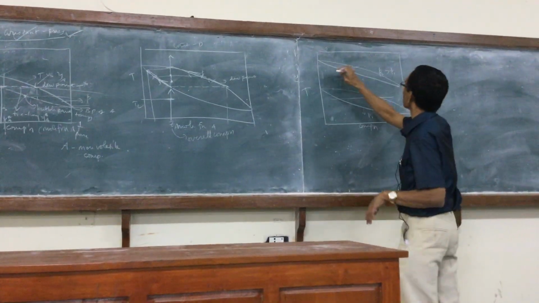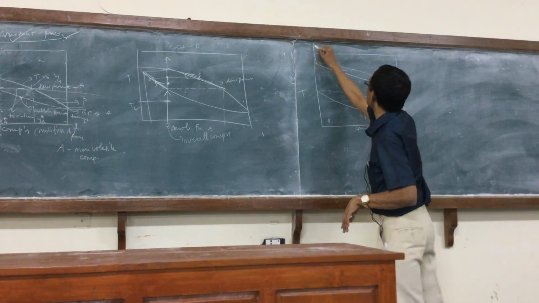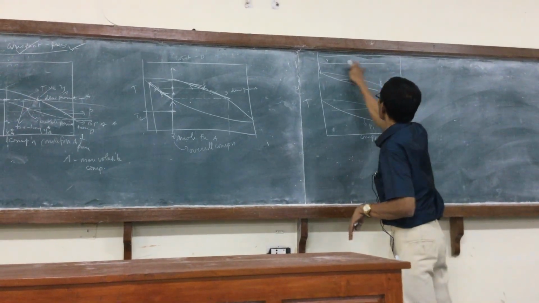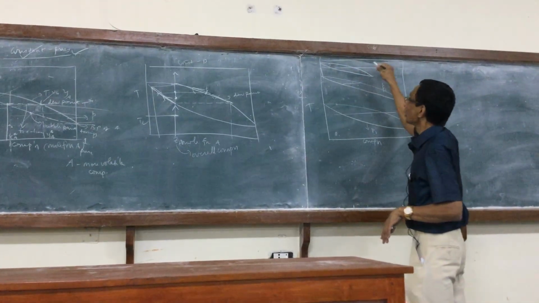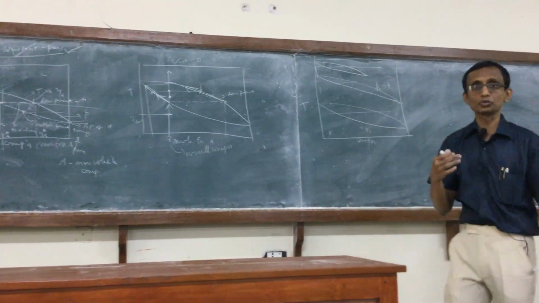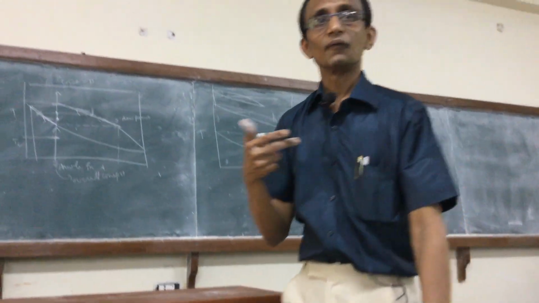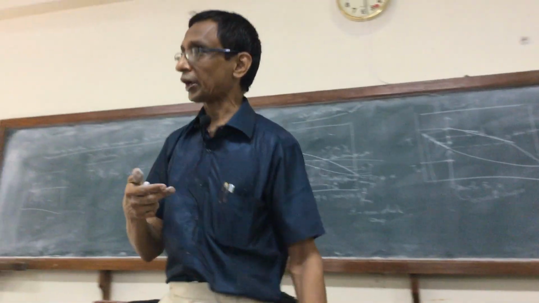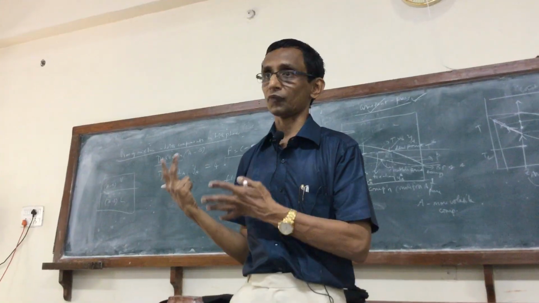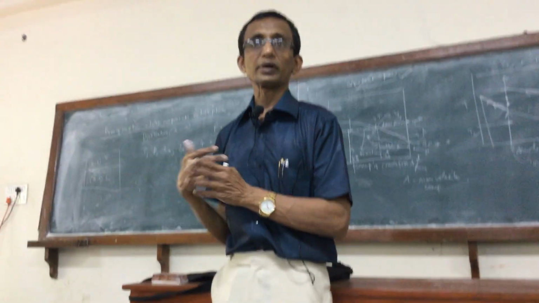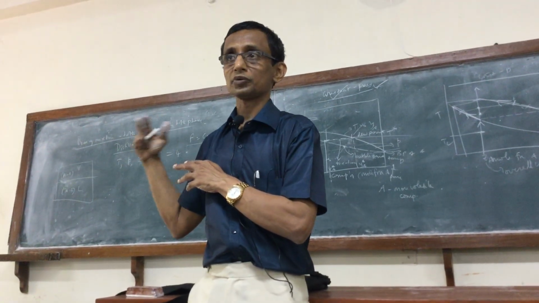Separation is more and more difficult, and at sufficiently high pressures, even the region of composition over which two phases will exist will become smaller and smaller. So beyond a certain composition, I have only one phase. You won't have liquid and vapor over the whole composition range.